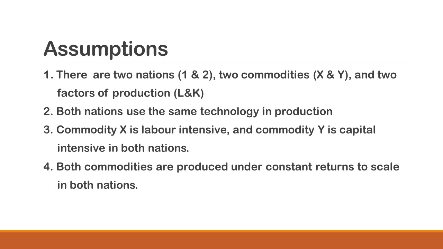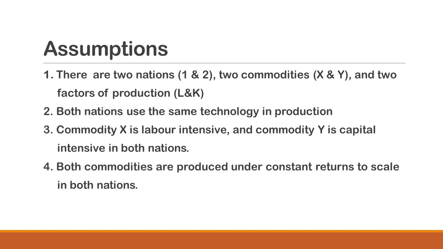Third assumption is commodity X is labor intensive and commodity Y is capital intensive in both nations. That is, one commodity is always labor intensive and the other commodity is always capital intensive. Here in our example, X is always labor intensive and Y is always capital intensive. That means we do not consider the case of factor intensity reversal.